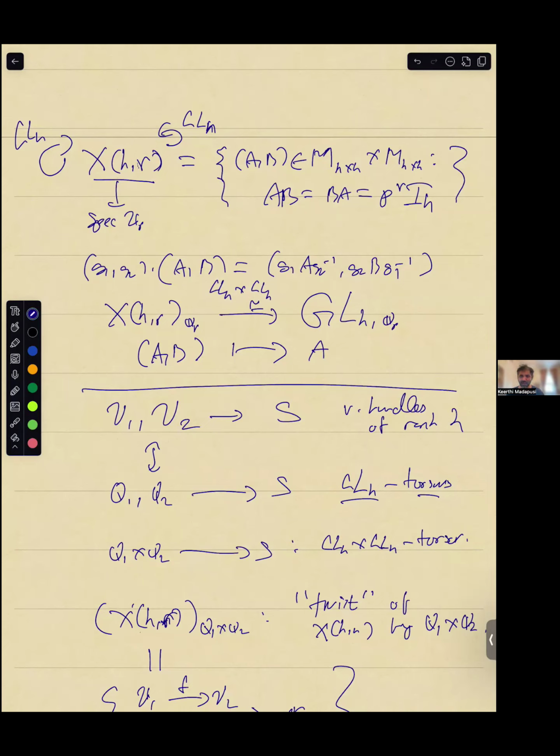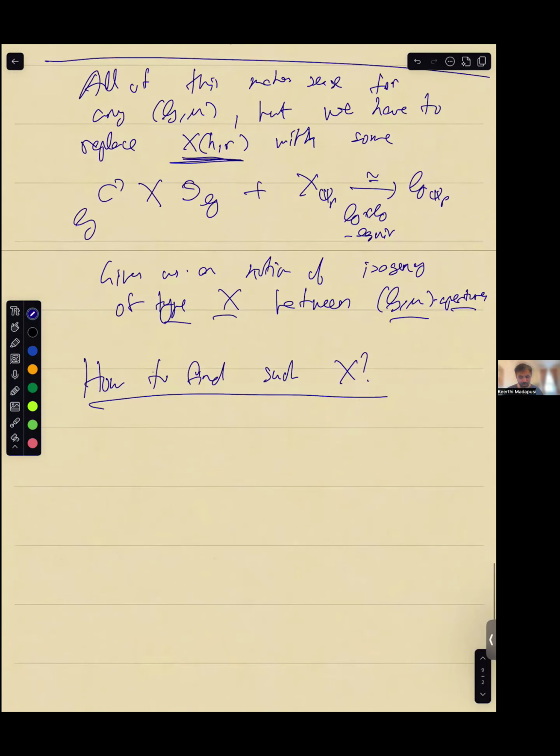That's what's happening with this picture. And it turns out that for any group, there is something called the Vinberg monoid, V_G.